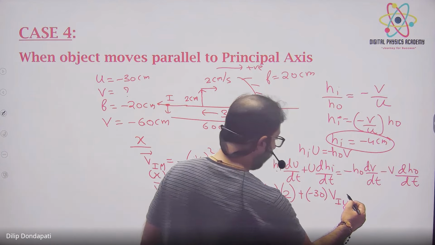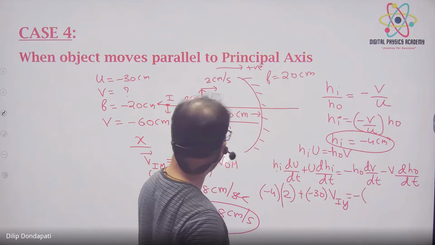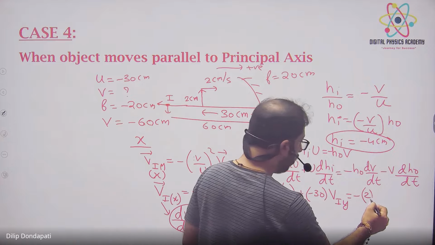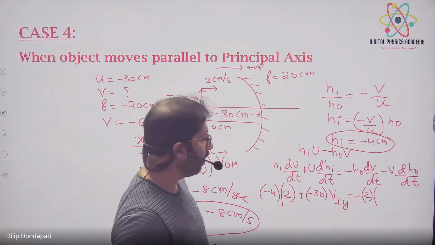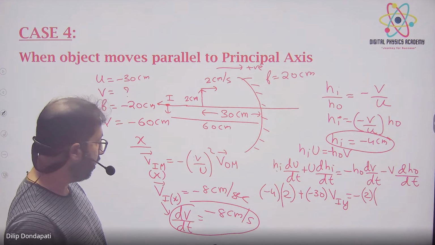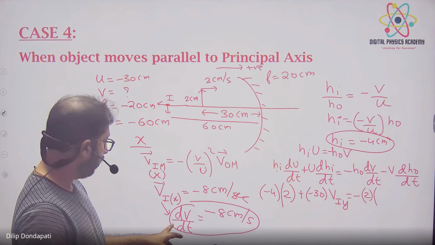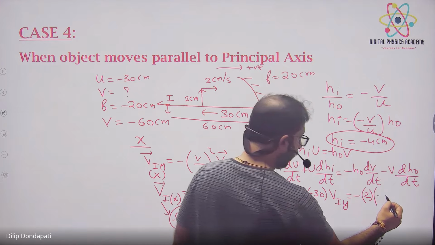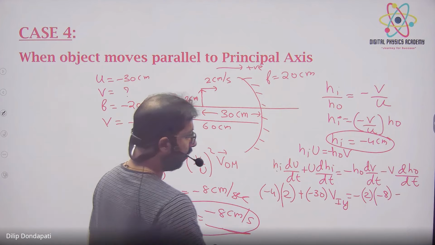Is equal to minus ho. So minus ho, height of the object, how much is given? Ho is 2, right? 2 into what is dv by dt? dv by dt देखो, dv by dt कितना होगा? -8 we learned, right? So -8, minus v is how much? V is -60.